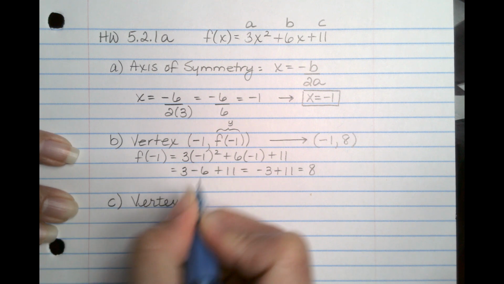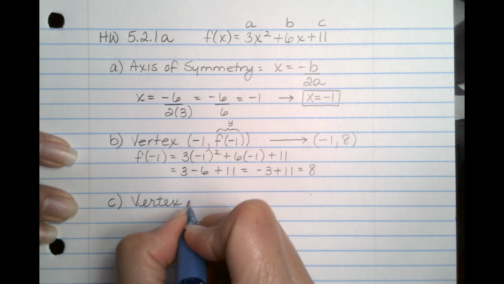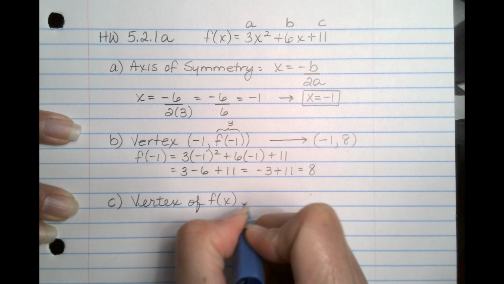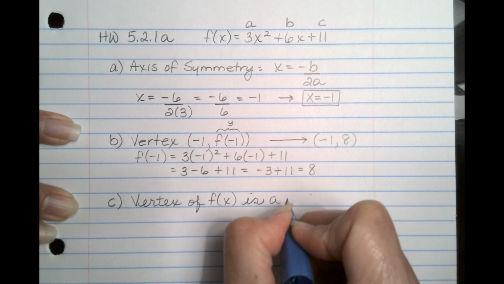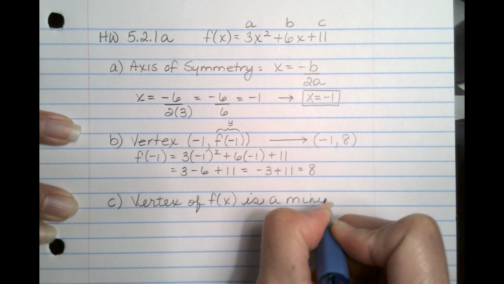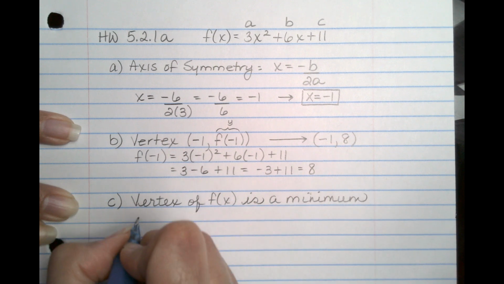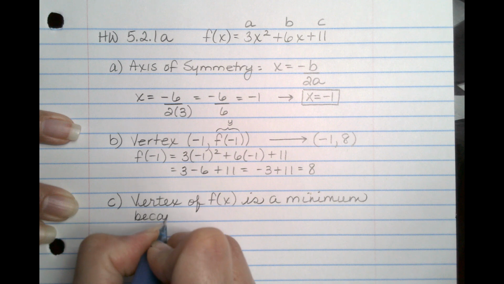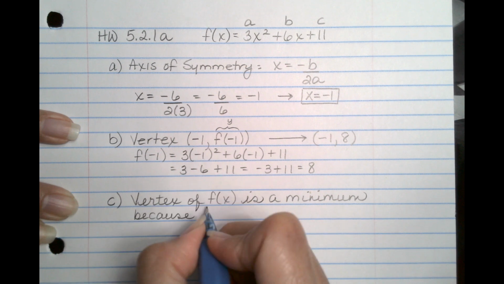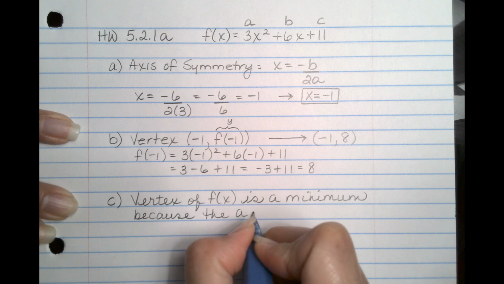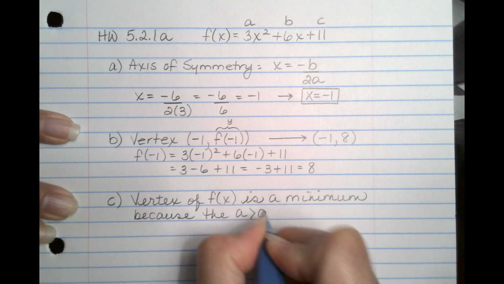The vertex of f of x is a minimum because the a value is greater than 0.